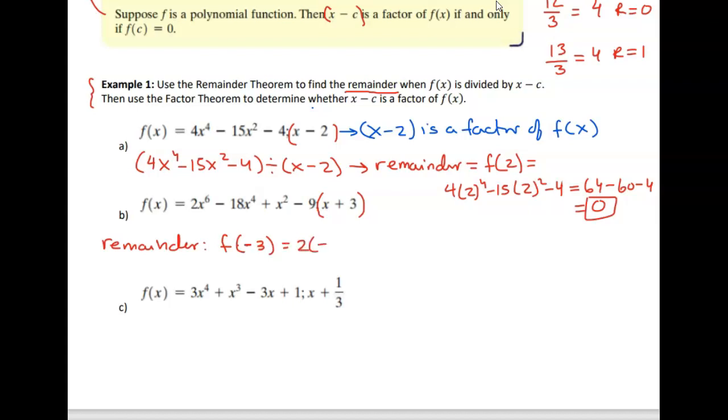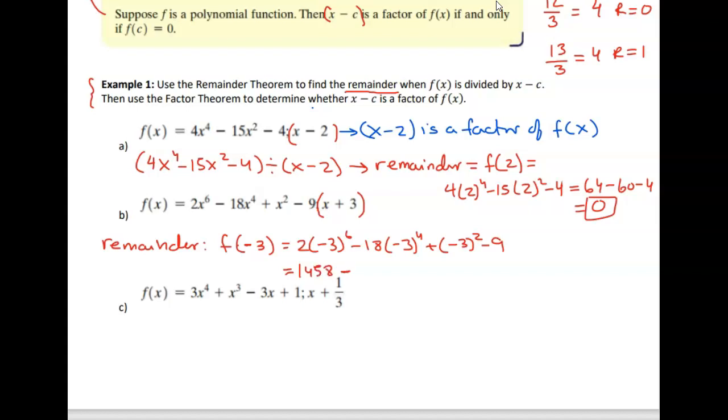So we have 2 times -3 to the 6 minus 18 times -3 to the 4 plus -3 to the 2 minus 9. I'm going to use my calculator. So 2 times -3 to the 6 is 1458.